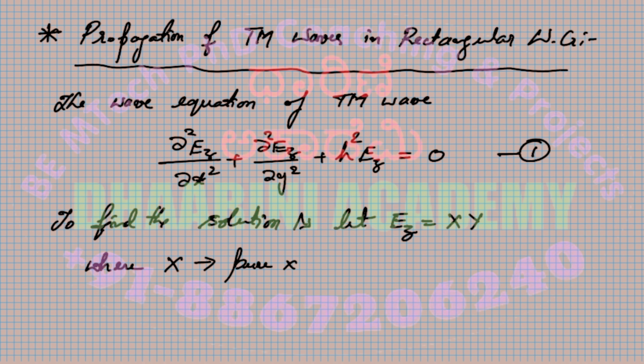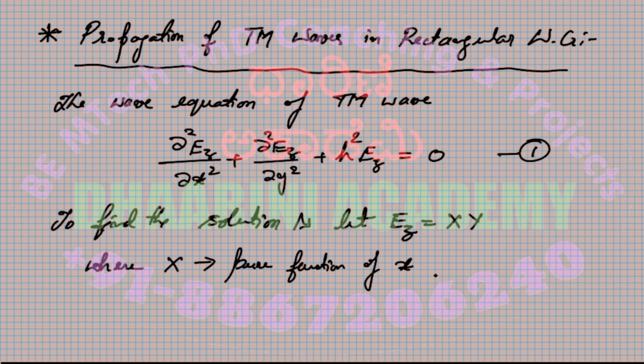I have to make sure that capital X is a pure function of the variable small x. Similarly, capital Y should be a function of y only, a pure function of y. They are independent.